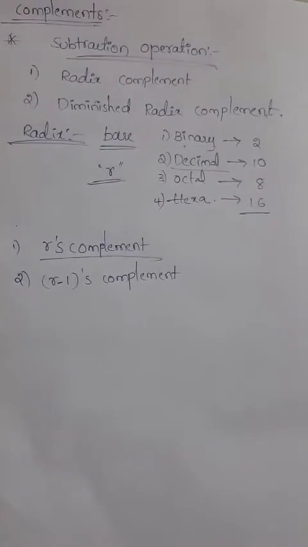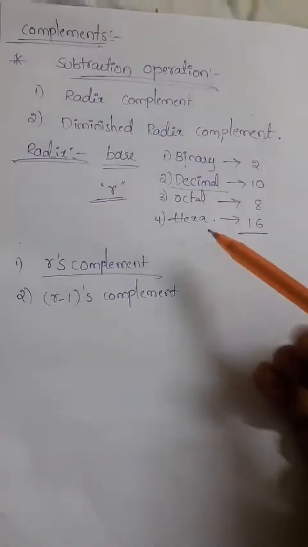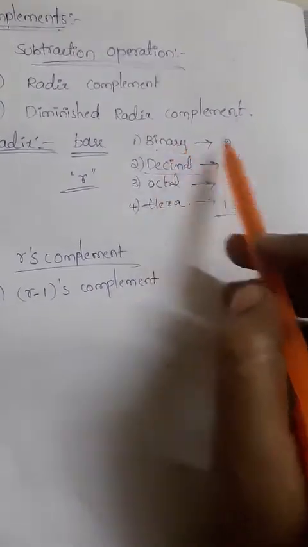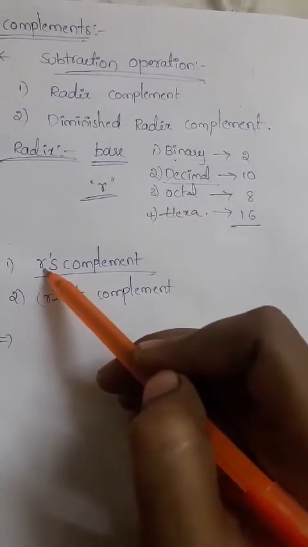Okay, so how to represent r's complement and r minus 1's complement for any number system? Every number system has some base, and that base is placed in the place of r.